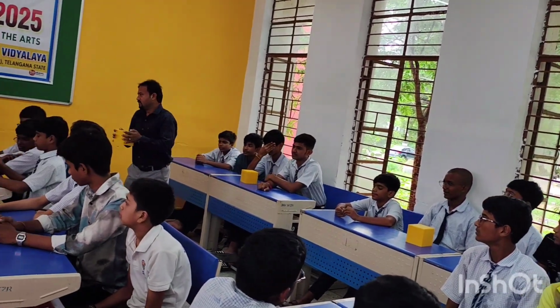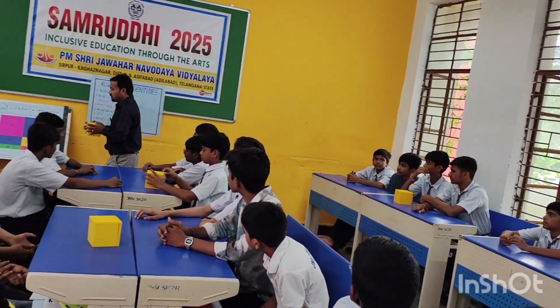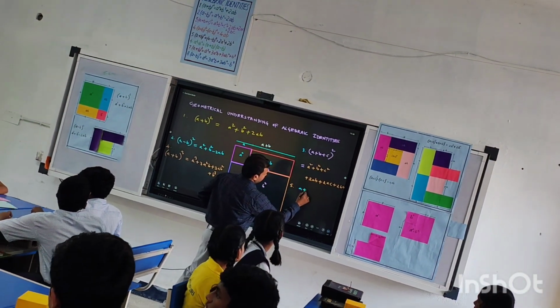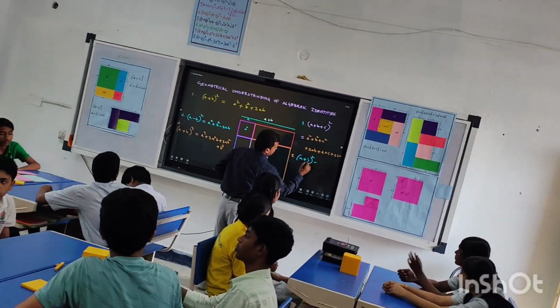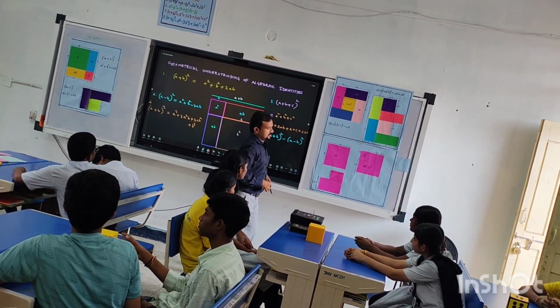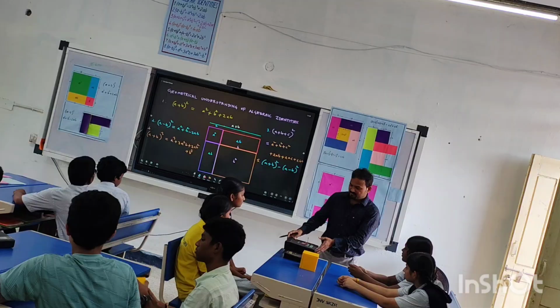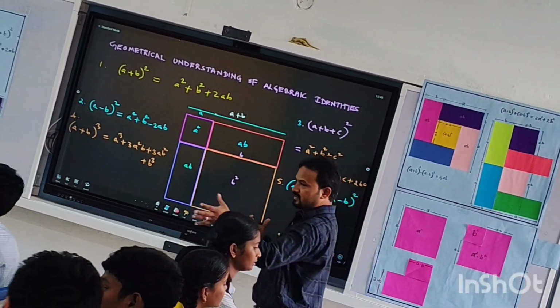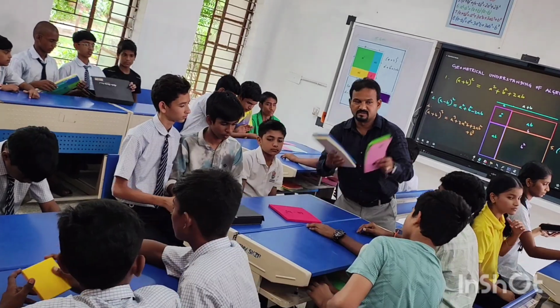Yes, sir. Now we'll go for A plus B whole square minus A minus B whole square. So you have the material with you. Do you have AB? You open this one.